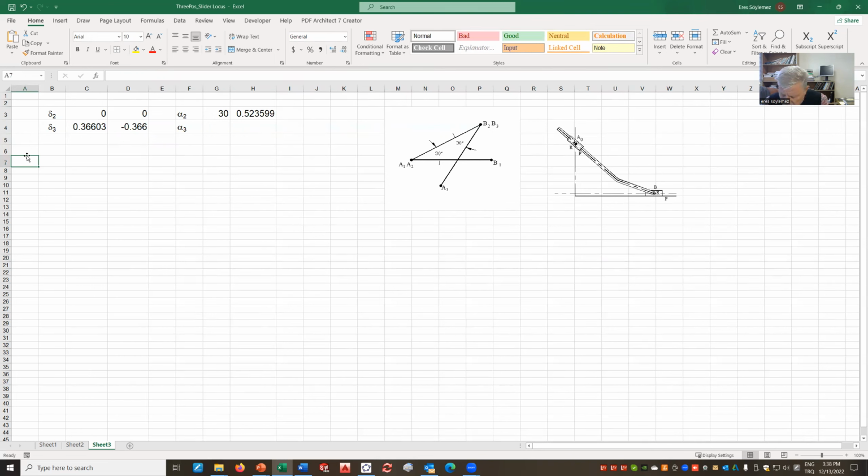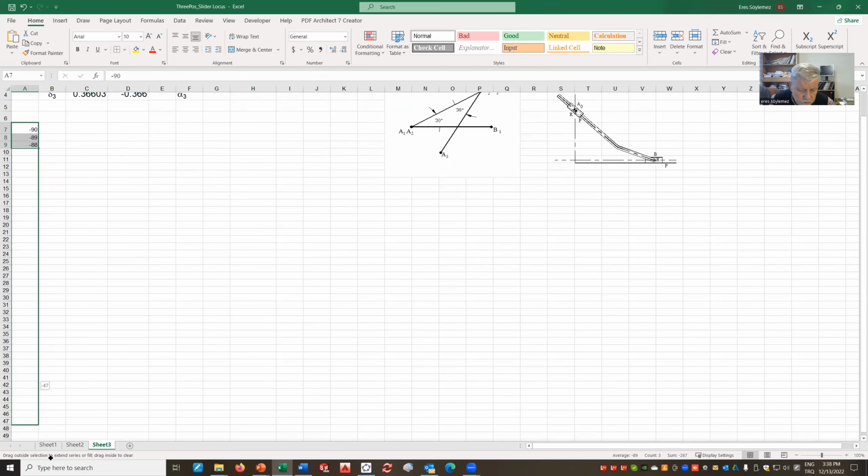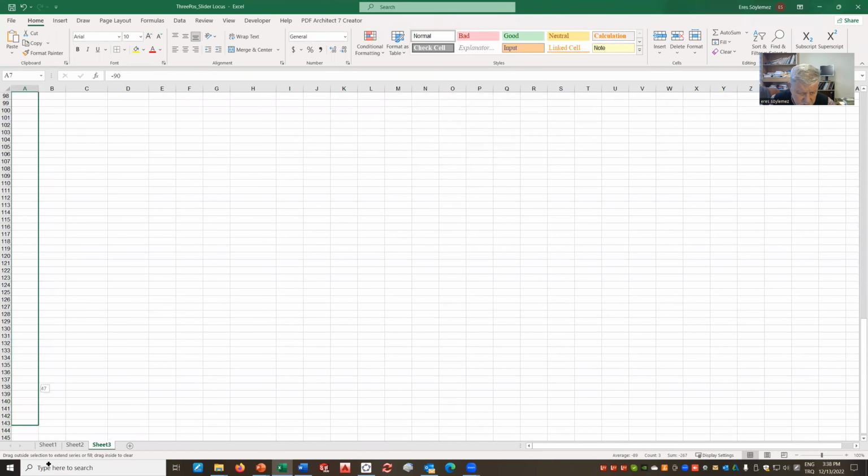I have to change lambda from minus infinity to plus infinity to draw that circle. What I do is take minus 90 degrees, in degrees, minus 89 degrees, minus 88. I think that's enough. Pull this down all the way to plus 90 degrees.